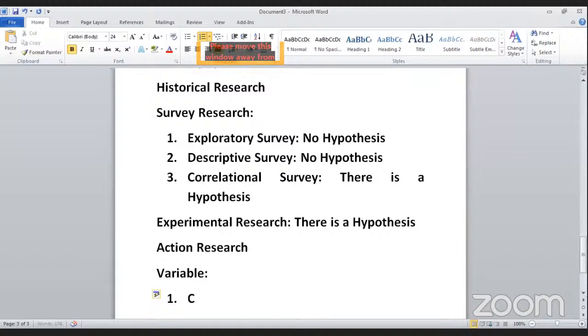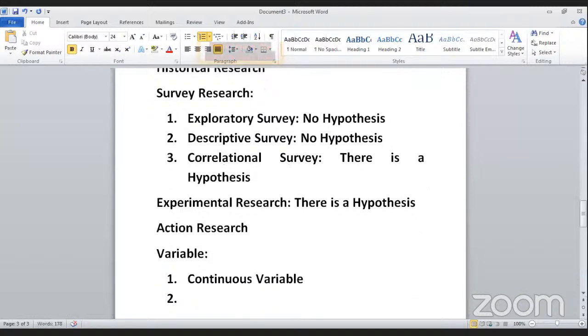One is called continuous variable. And another is called discontinuous variable, or you can say discrete variable.